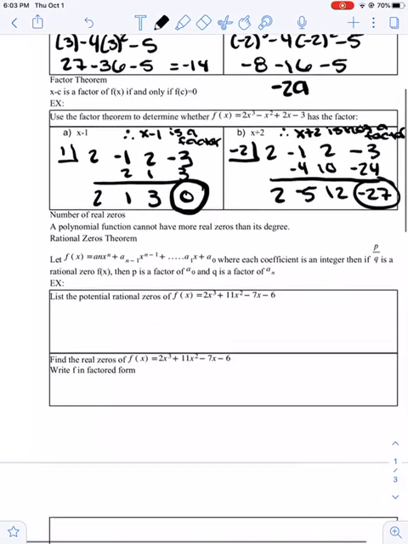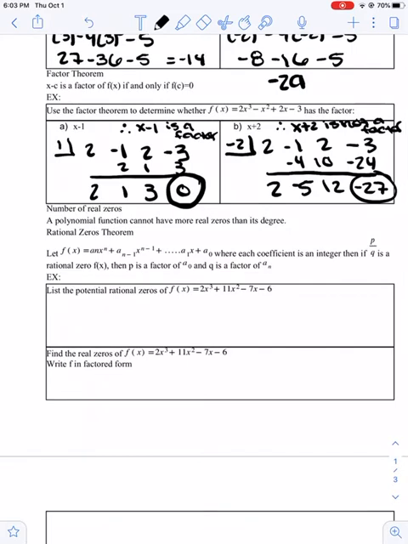Next thing we're going to look at is using the P and Q method. The P is the last value in the polynomial, and the Q is the coefficient of your first value in the polynomial. So in this example, our P would be negative 6, and our Q would be 2.